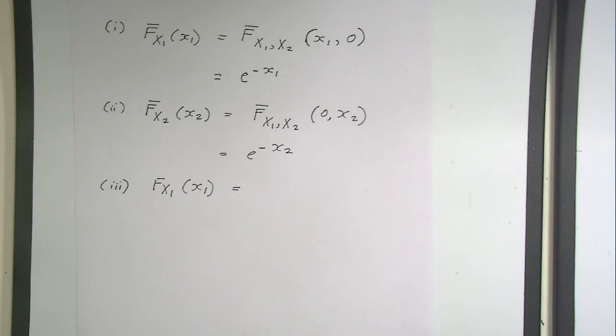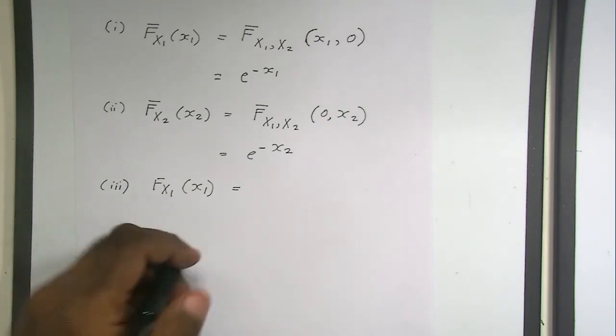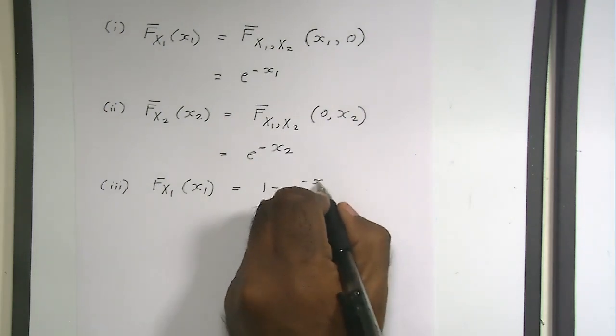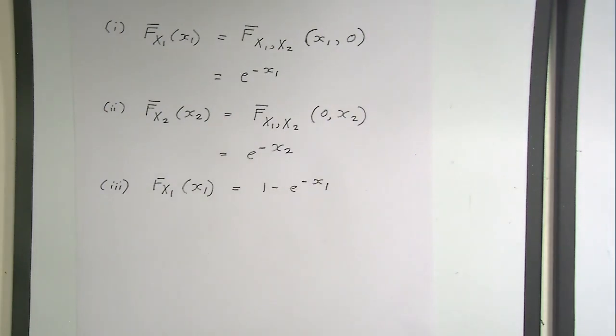If you add this to this, what do you get? This plus this will give you 1. So therefore, this will be 1 minus the survival function. Is that okay? Is that correct? You understand? Because the marginal CDF, this one plus this one is equal to 1 by definition, right? So, okay.